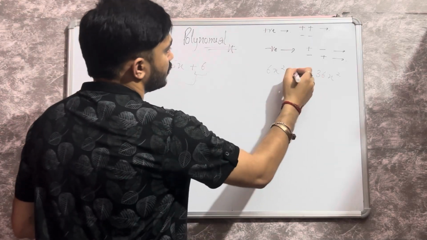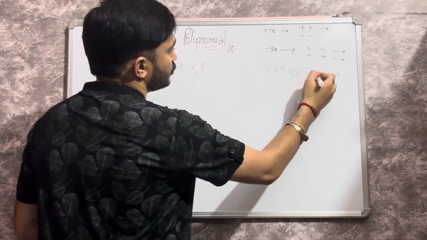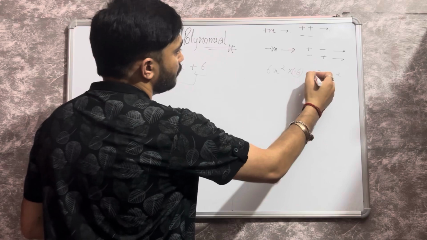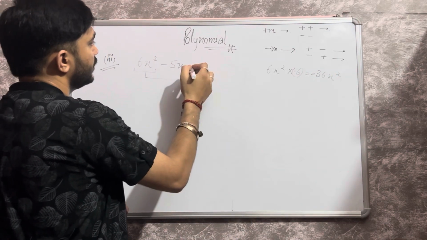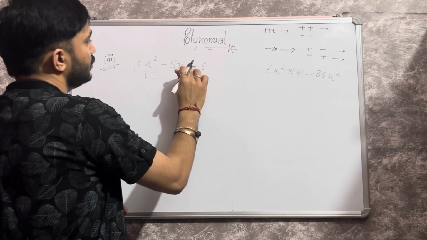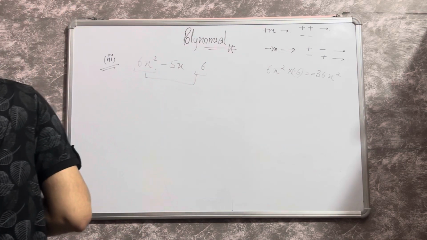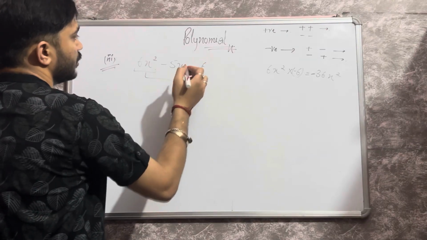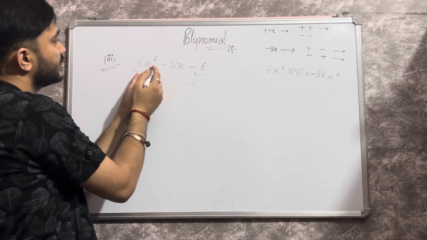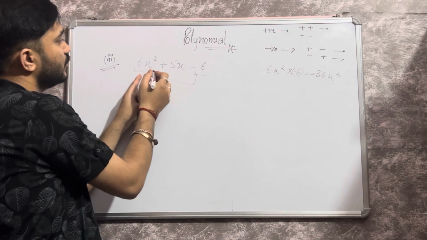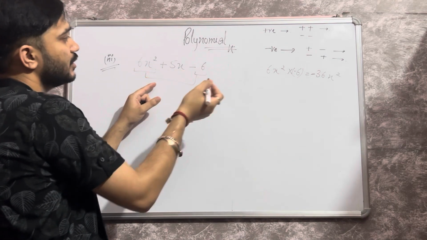Now minus 6 it is. So you are going to get minus 36 here. This is minus 6, I have written the quotient wrong here. It is minus 6. So the question is 6x square plus 5x minus 6.